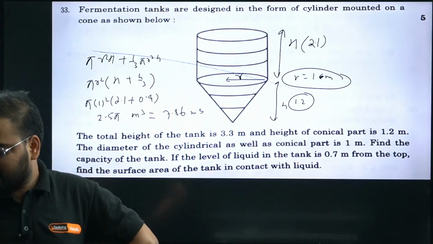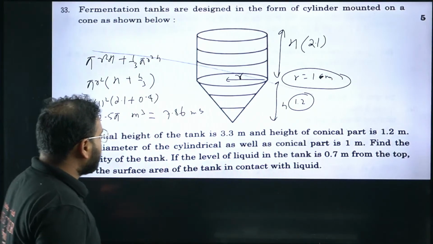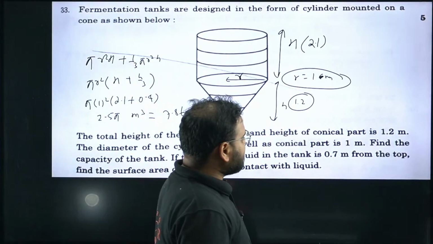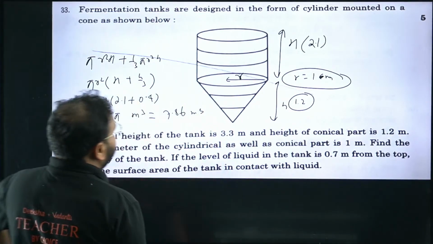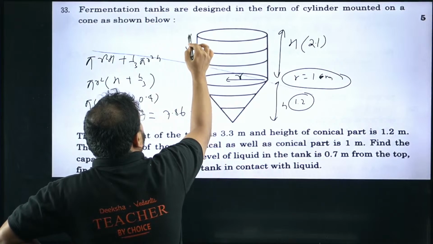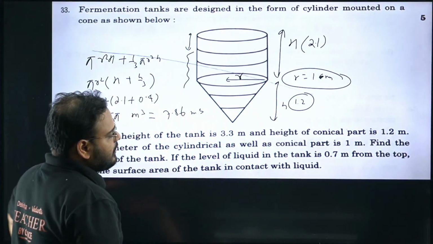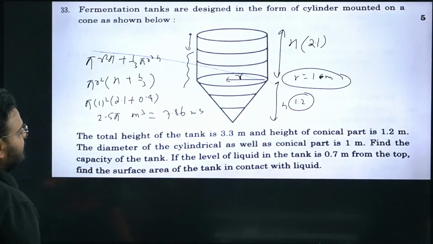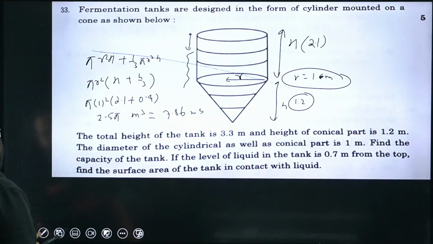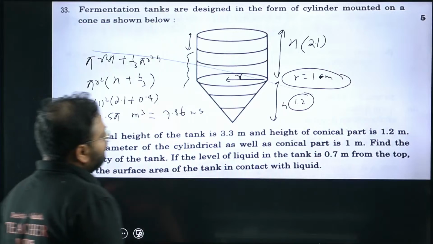Now for question number 33 part B: if the level of liquid in the tank is 0.7 meters from the top, from here to here, find the surface area of the tank in contact with the liquid. What are you going to do for this?